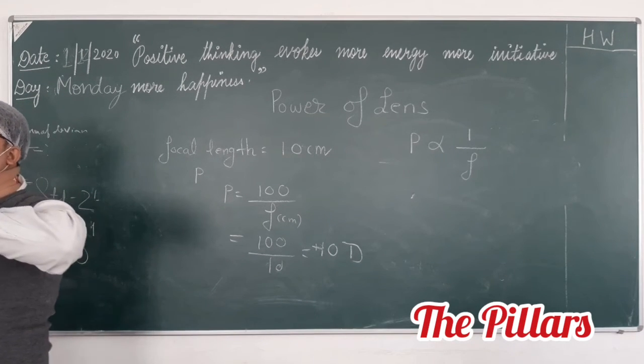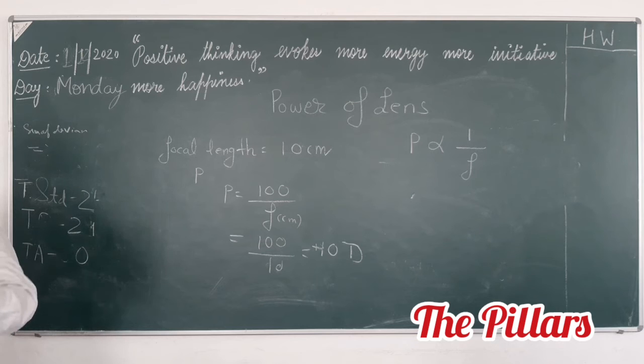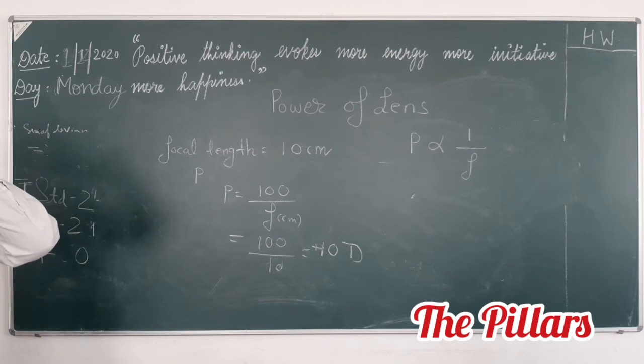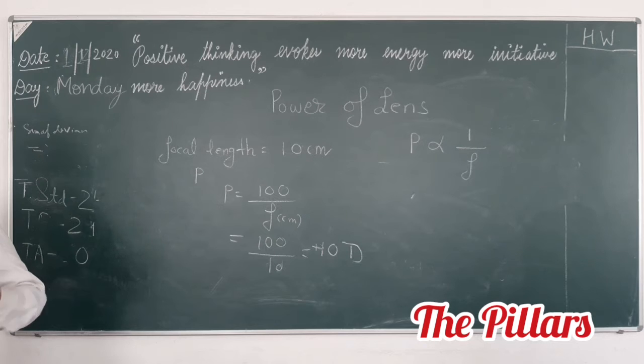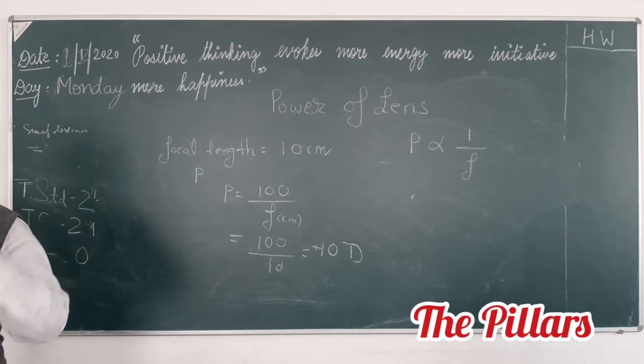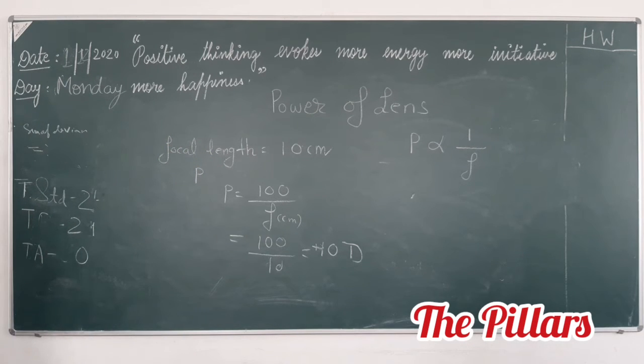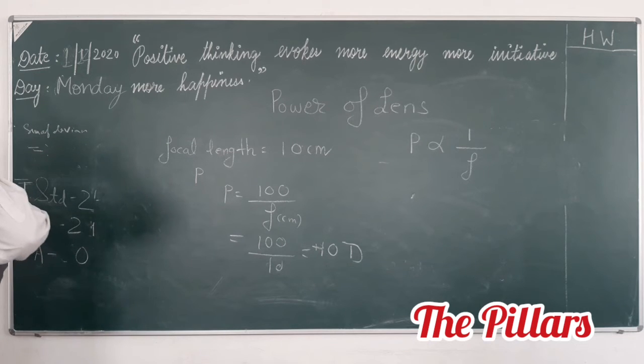Like we have a combination of resistances, now we are going to have a combination of lenses. If 1, 2, 3 lenses are connected in series with the same principal axis, what will be the equivalent power of the combination? When you go for your eye treatment, if you observe, one glass he has put, then another, like that. It's not a coin.